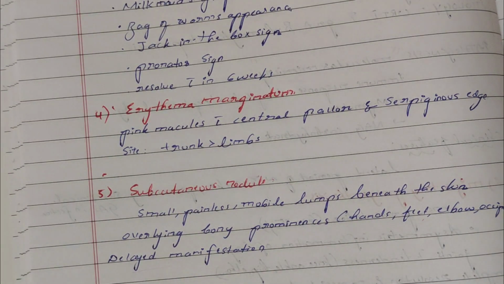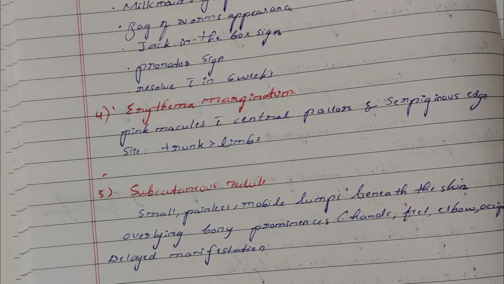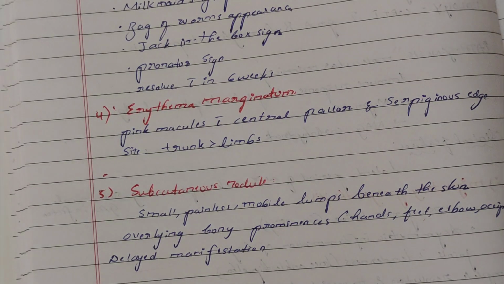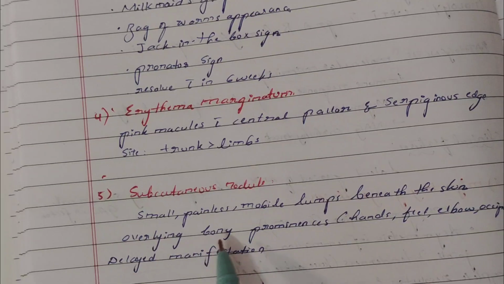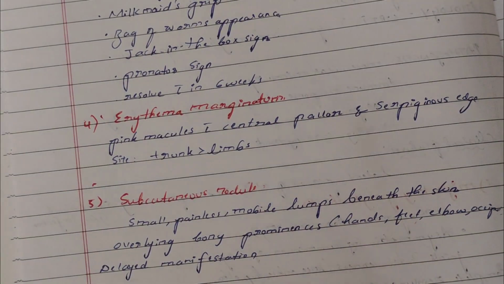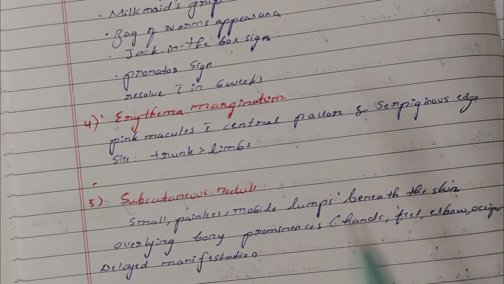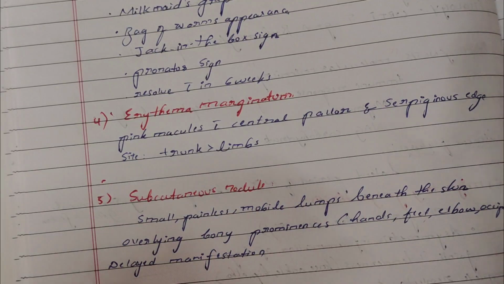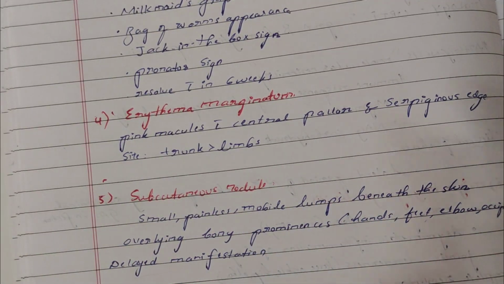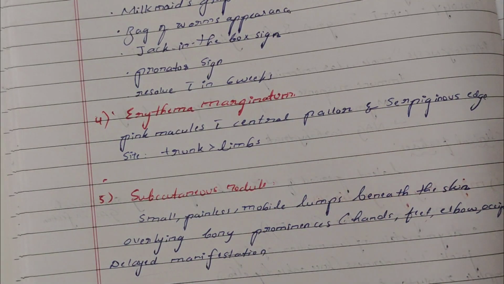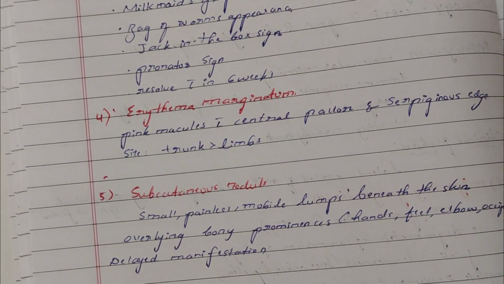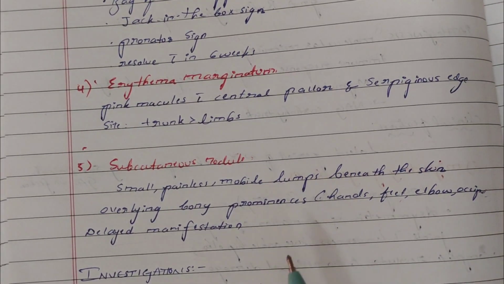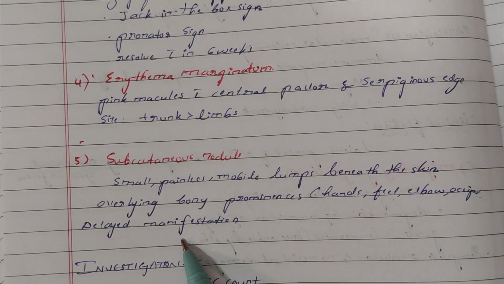These are small, painless, mobile lumps that are formed beneath the skin, overlying bony prominences. We can see them over hands, feet, elbow, occiput, and it also has delayed manifestation.